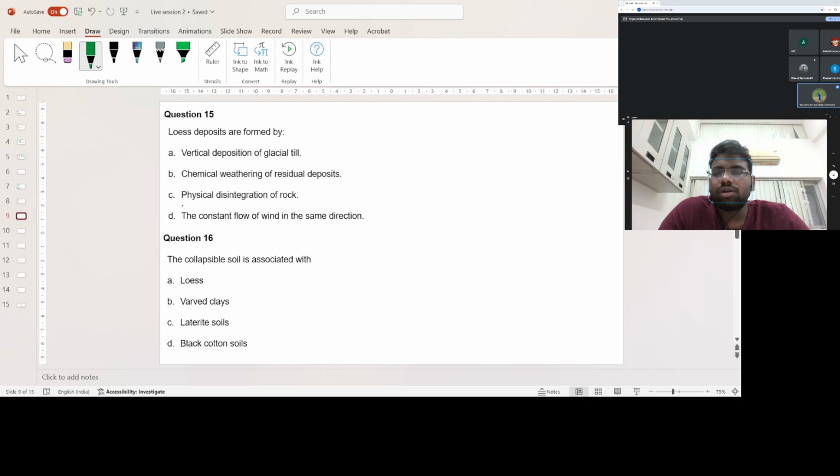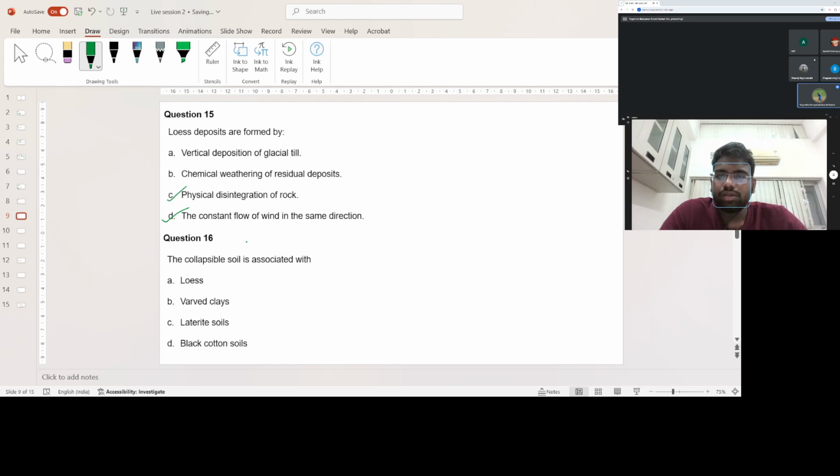And one aspect could be physical disintegration also, because wind blowing at very high velocities, if you consider a raw deposit of rocks, when wind carrying finer particles blows at a very high speed, for example during sandstorms, they will further disintegrate and deposit. So the option could be C and D.